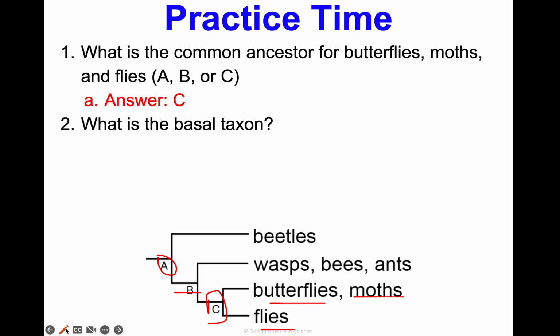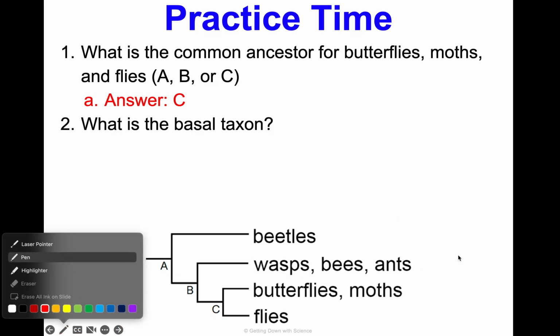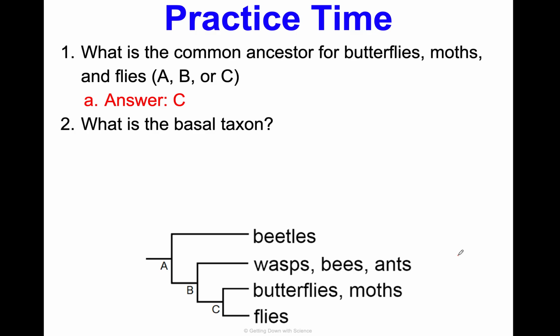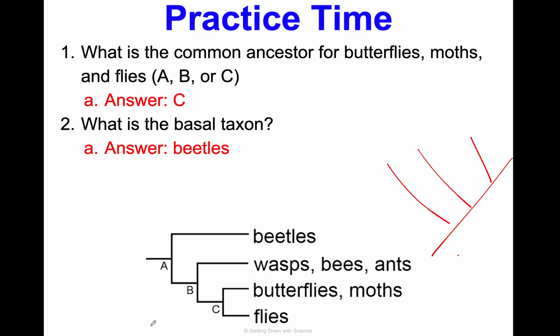What is the basal taxon? Oh, what is a basal taxon? It's the longest unbroken chain. It's hard to see when you do the cladograms like this, but if you did it this way, it might be easier to figure out that it is beetles, right? If we were doing this over here, beetles, this one would be here.